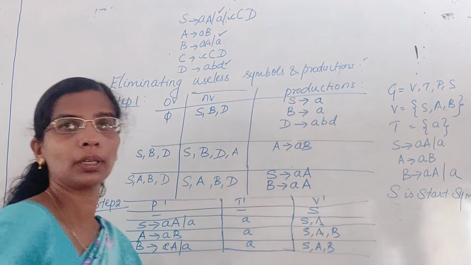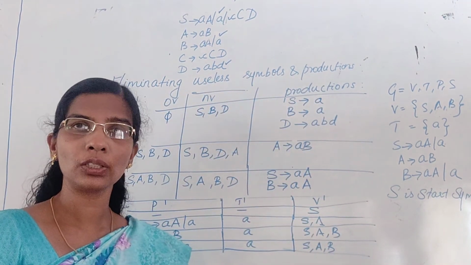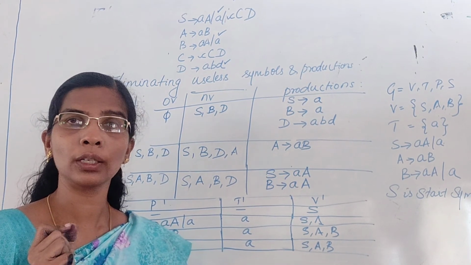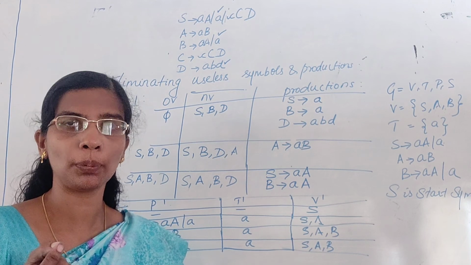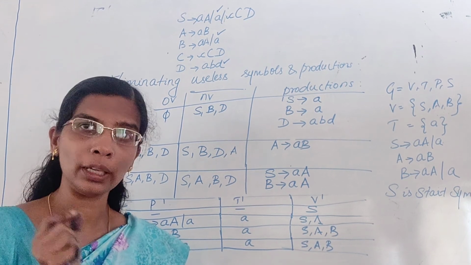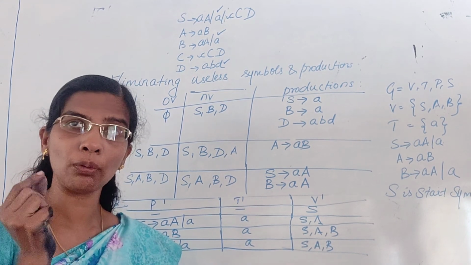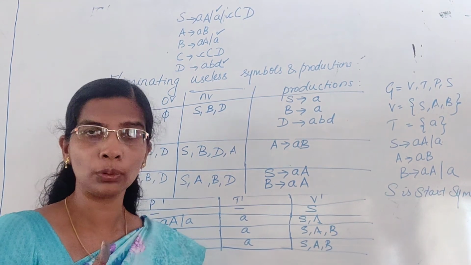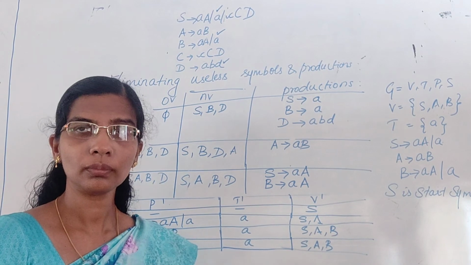So, in simplification of your CFG, you have to check the question thoroughly. The question may have epsilon and unit productions, or the question may have only epsilon production. The question may have only unit production, or without epsilon and unit, they will give a grammar. Right?